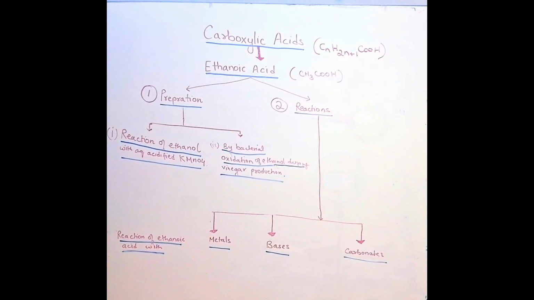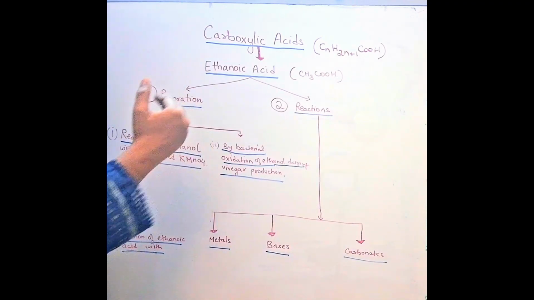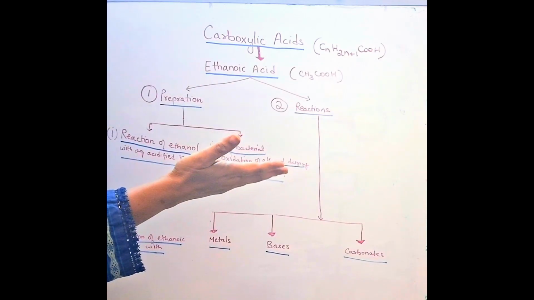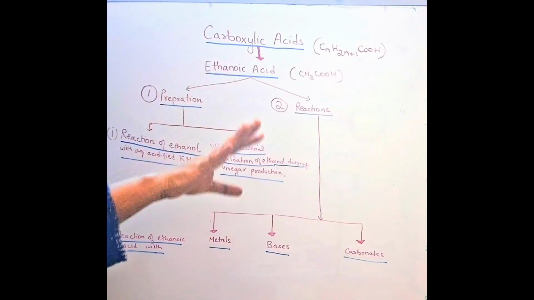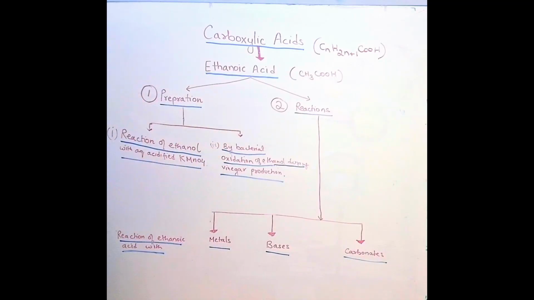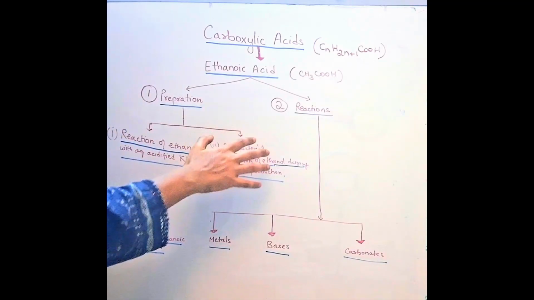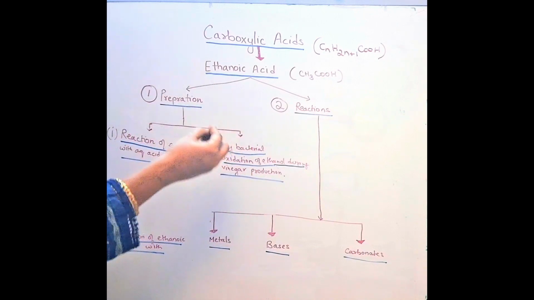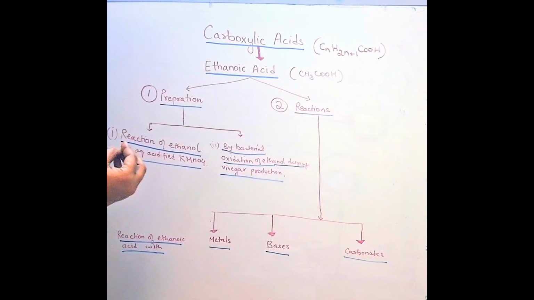So the vinegar which we use at home is dilute ethanoic acid, because 95% of vinegar is made up of water and only 5% is ethanoic acid. I will do this in detail, but here just understand that from ethanol we can make ethanoic acid.